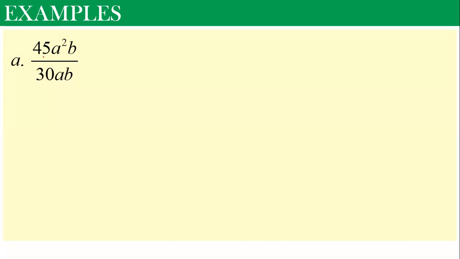So we can have 5. So 45 will be 9, okay? And 30 will be 6. Then we will just simplify this one. We have a squared here and then a. Paano po nangyari?